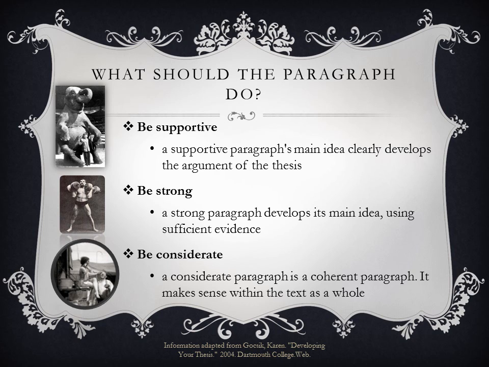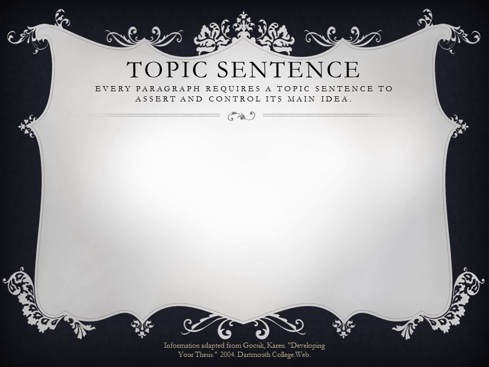You can do this by using transitions. Work on having a concluding sentence in each paragraph which sums up the main point and then gives a nod to the main point to come in the next paragraph. It will connect then directly to the topic sentence of the next paragraph. Topic sentences are very important.